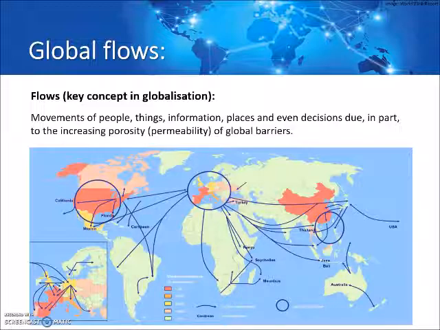So for example, the picture that you can see here is a picture of the tourism flows. So you can see the main flows of tourism from which area of the world to which area of the world they go, right? And like this, you can represent pretty much any flow. You can represent the flow of cotton, the flow of people, the flow of any good, or even of information. So this is pretty much what flows are, right?